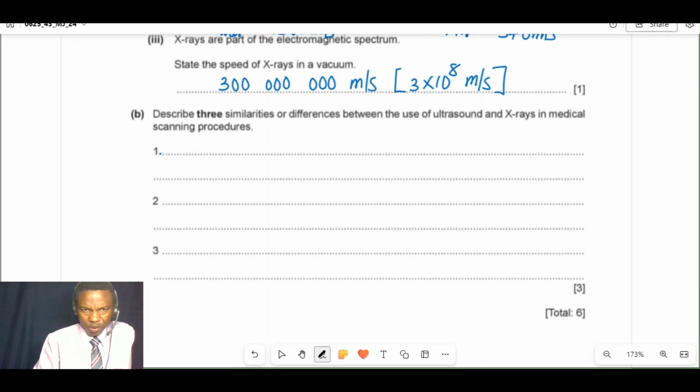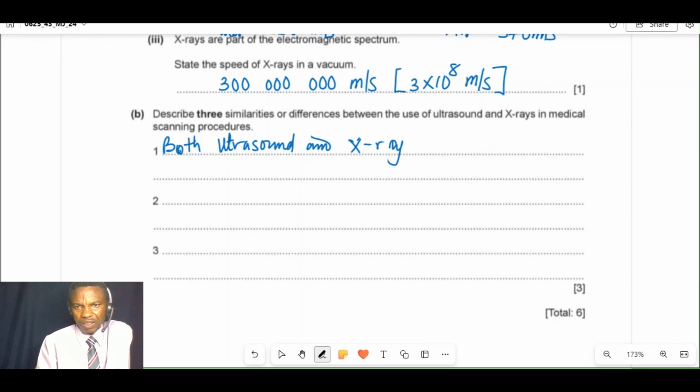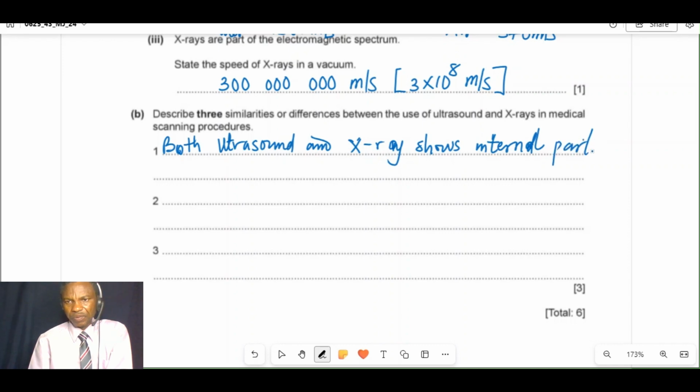That is the first similarity: both ultrasound and X-ray show internal parts of the body.